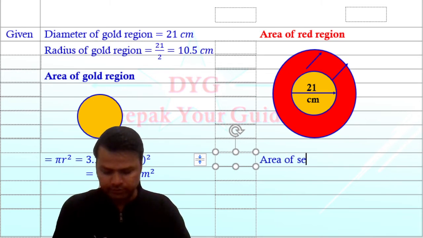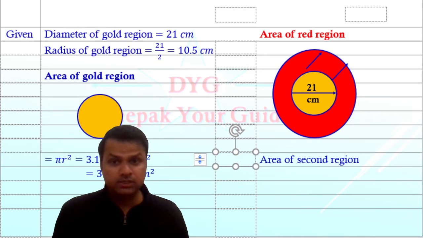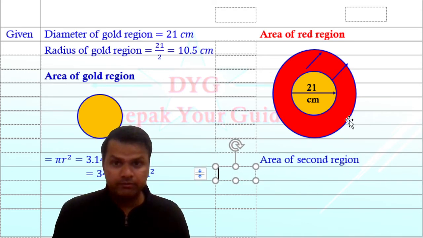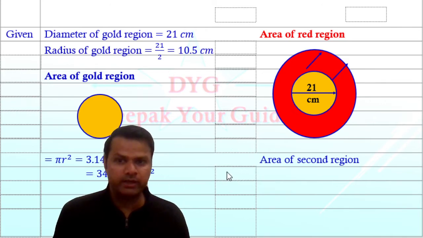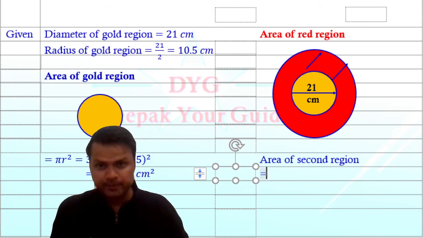Area of second region. So what is the logic that we have applied here? We are finding the area of this bigger circle, the outside, and will minus the area of this gold region. The area of the gold region we have already calculated, which is 346.185.